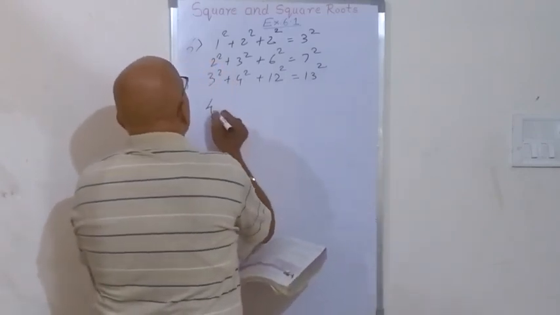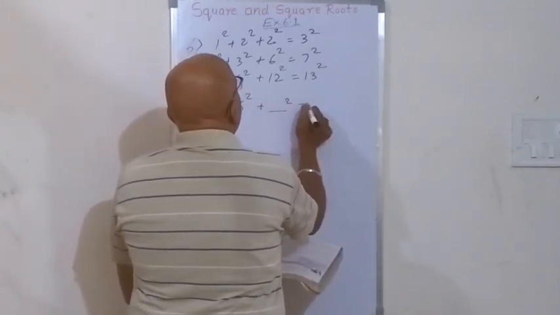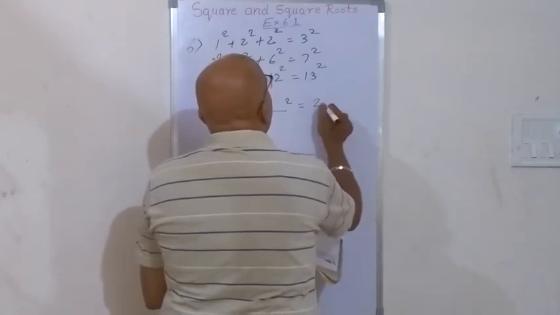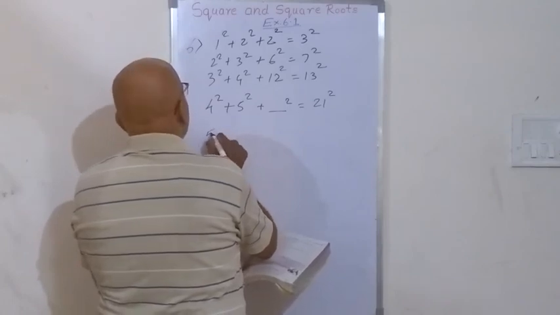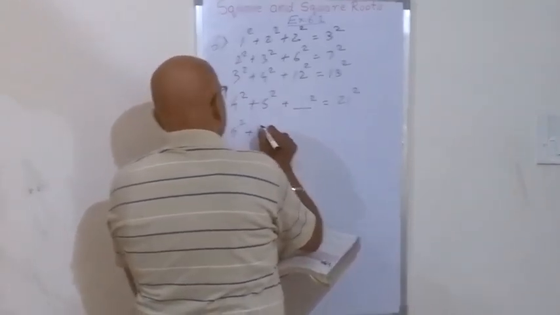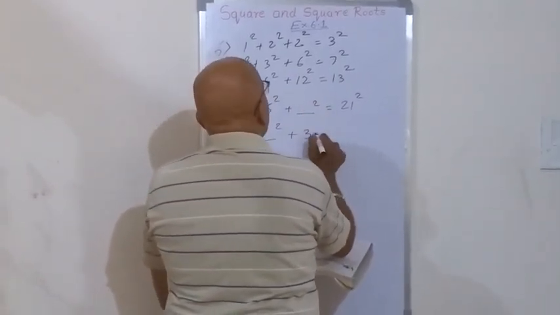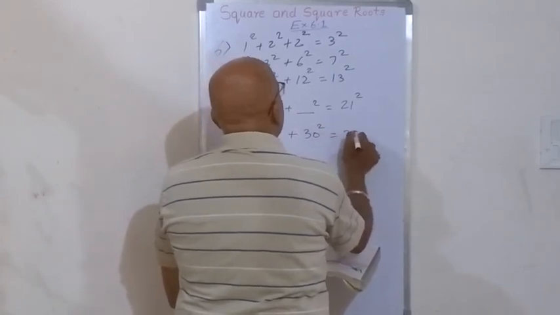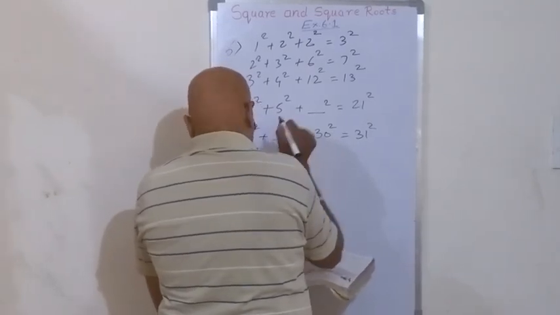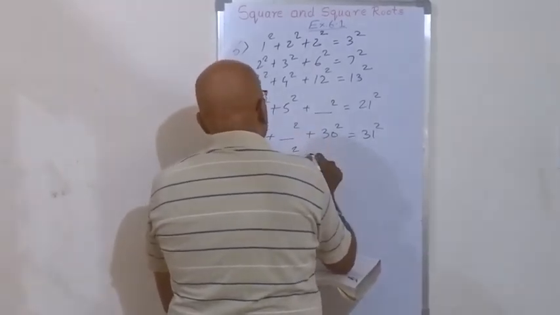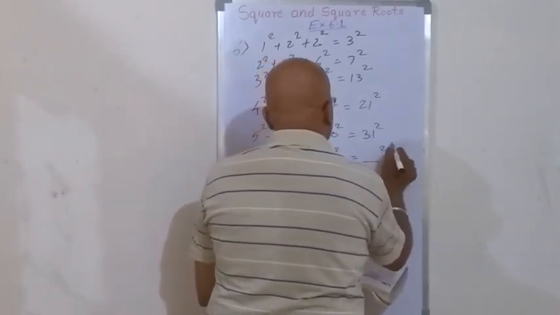After that 4 square plus 5 square plus dash square equal to 21 square. 5 square plus dash square plus 30 square equal to 31 square. 6 square plus 7 square plus dash square equal to dash square.